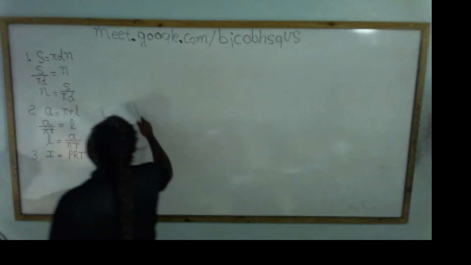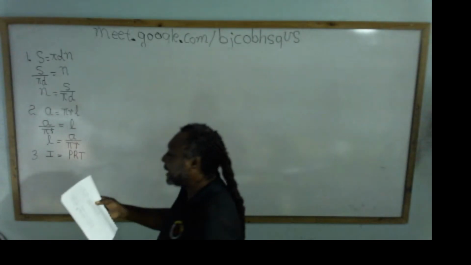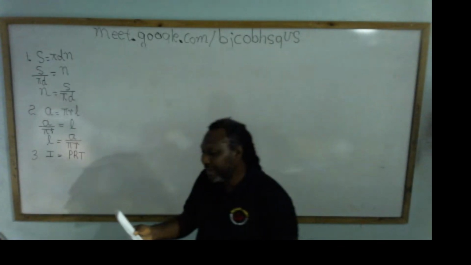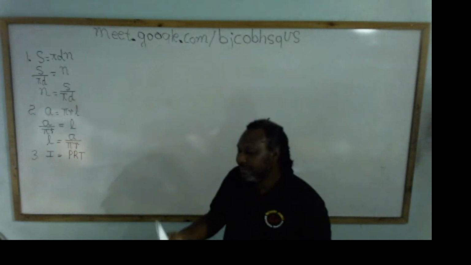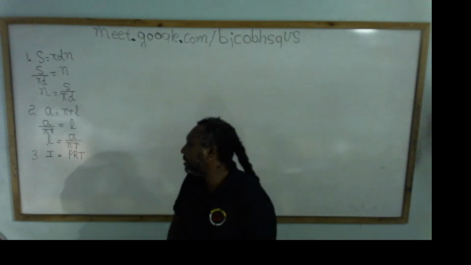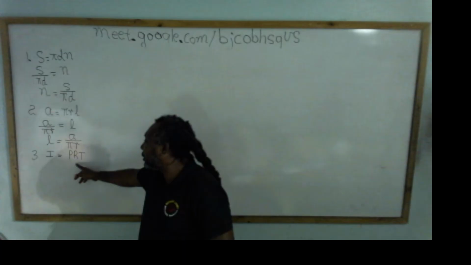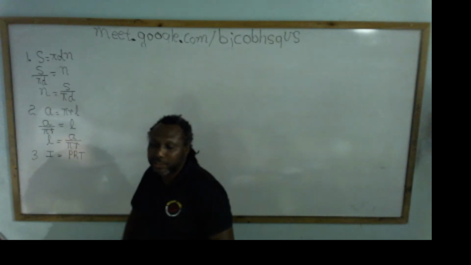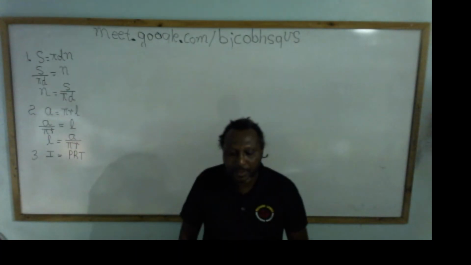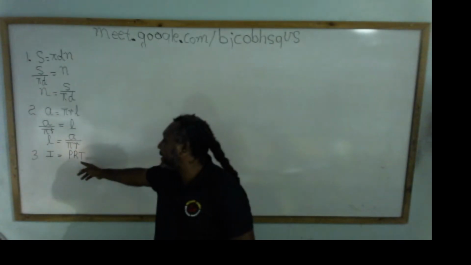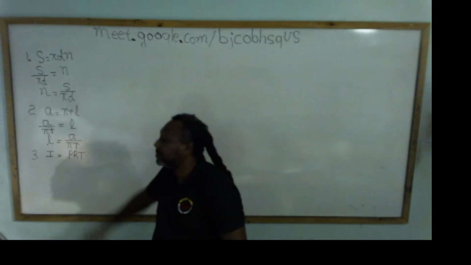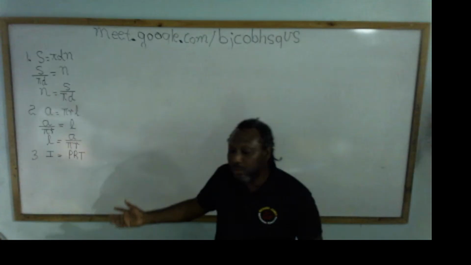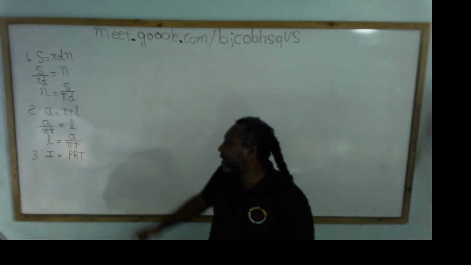So I is equal to PRT, and on this occasion, we are making R the subject of the formula. R is in a multiplication relationship with P and T. So we need to eliminate the PT, as both of them are being multiplied, and as a matter of fact, they are multiplying the proposed subject.